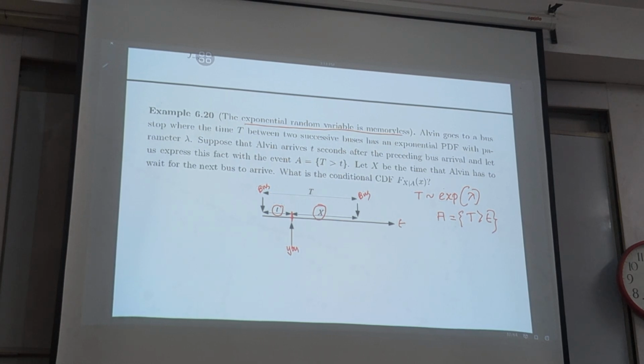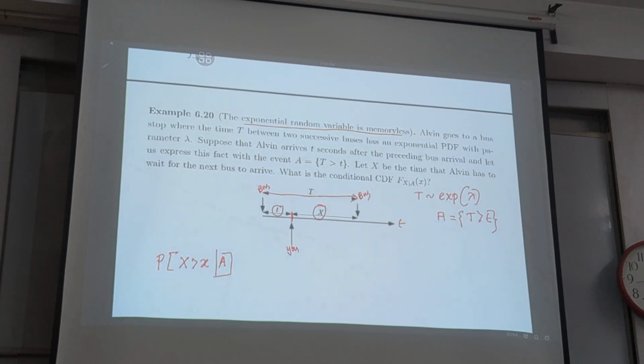And T starts from here and goes up to here. It says the interval time. Now what we want to calculate is the probability that X is greater than x given that event A occurs. This probability will eventually prove that exponential random variables are memoryless.